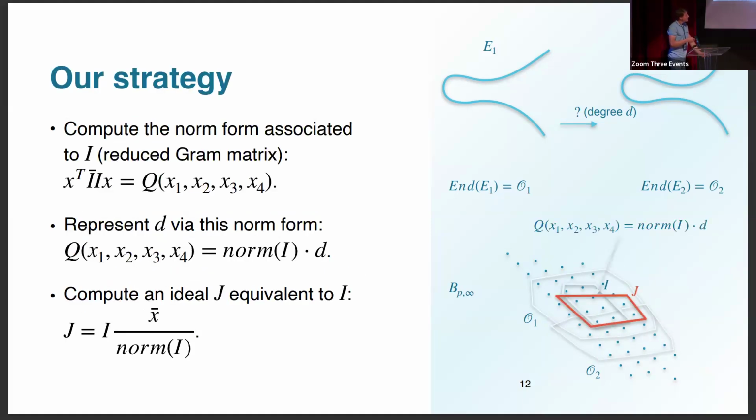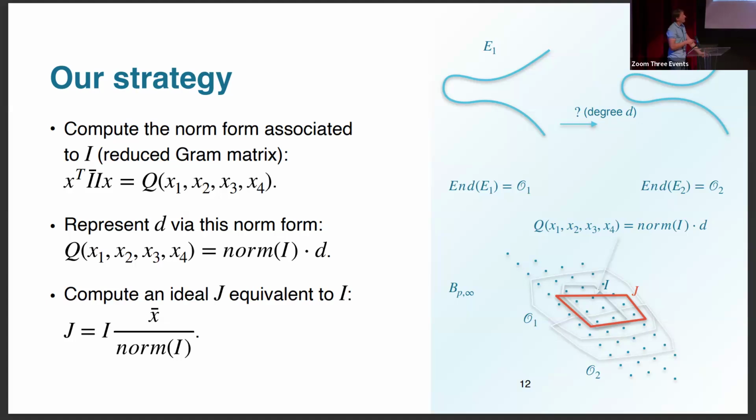And then we computed the norm form associated to this connecting ideal I. And in the 4th step, we tried to represent D, or degree D, with this form.